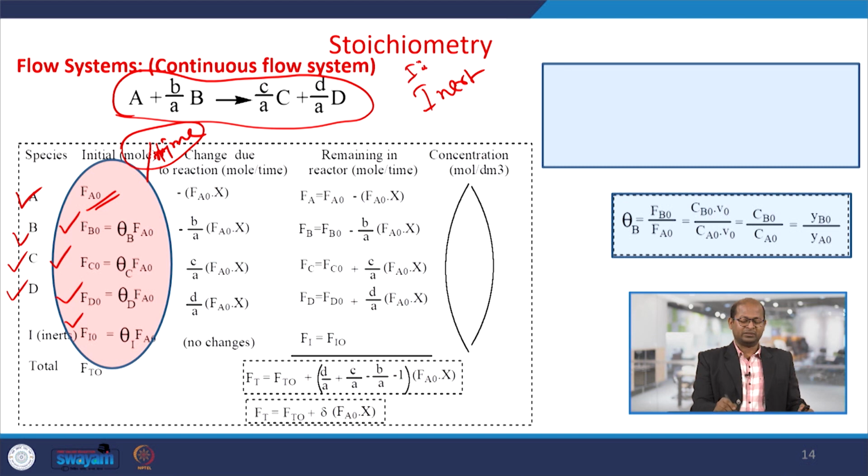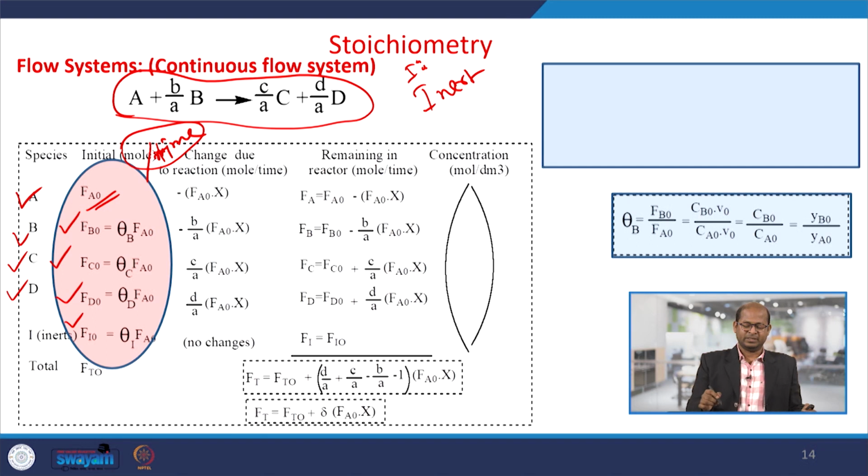That may be water or any inert: if it is a liquid phase reaction we can consider water as an inert component, if it does not take part in the reaction. And if it is a gaseous system, similarly nitrogen, helium, argon, any gaseous component is usually used as an inert material to carry or feed the reactant components into the reactor.